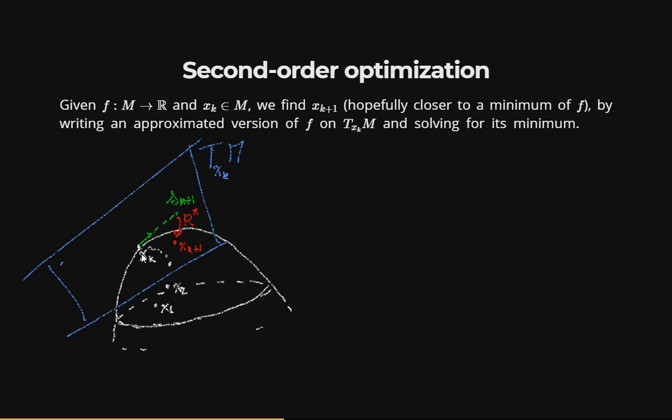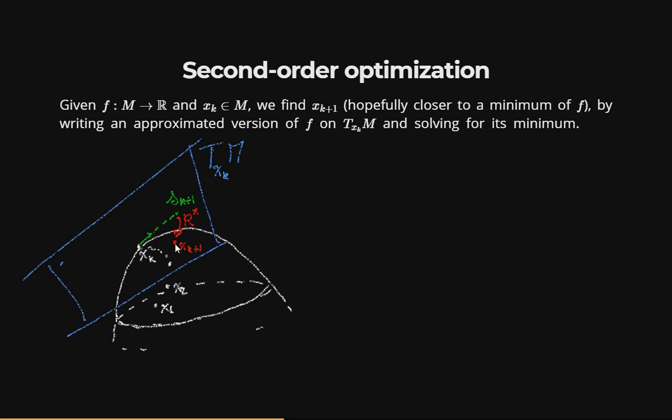So we have x sub k, and we have the tangent space to M at x sub k. We have our function f. We want to write something on the tangent space, and we want to minimize that function. We find the point s sub k plus 1, and we retract it with our x k to this next point.